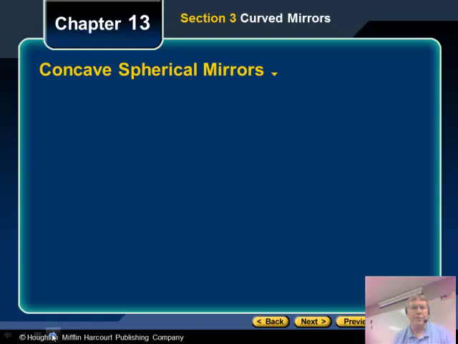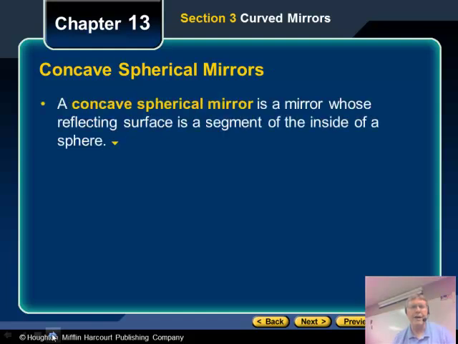First of all, we deal with spherical mirrors. They're not actually used that commonly in practice, but because some of the calculations are a little bit easier with them, we use these as a starting point. A concave spherical mirror is a mirror whose reflecting surface is a portion of the inside of a sphere.